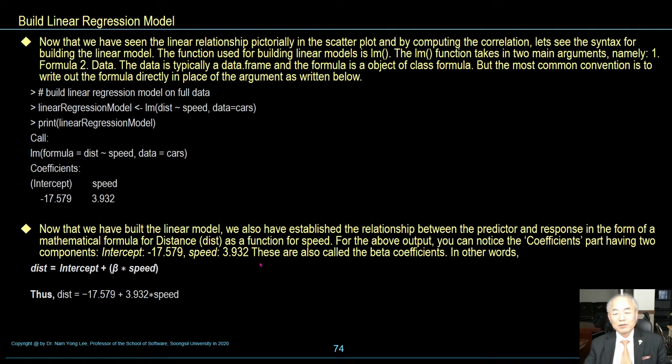These are also called the beta coefficients. In other words, distance equals minus 17.579 plus 3.932 times speed. So distance is functionally dependent upon the independent variable speed.